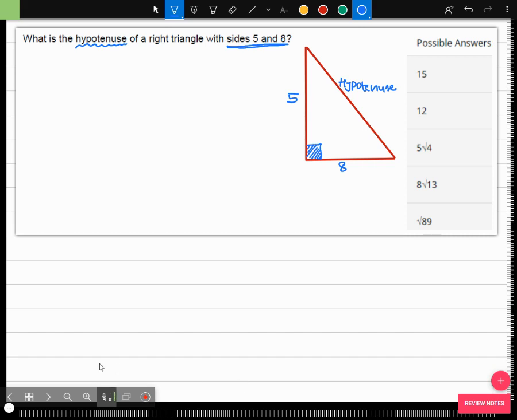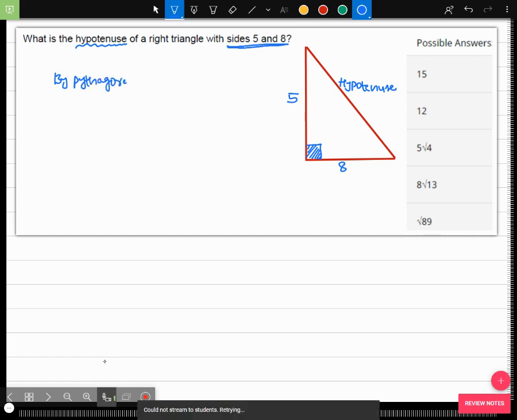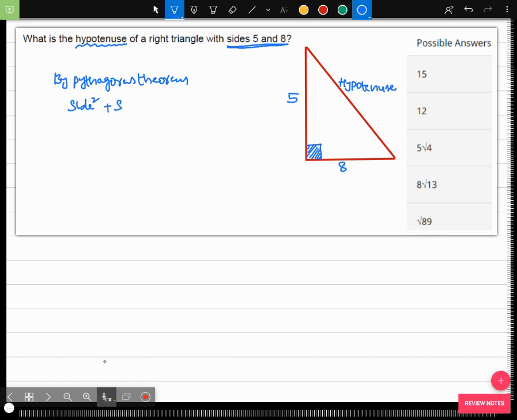As I mentioned in the beginning of the lesson, by Pythagoras theorem, it is side square plus side square equals hypotenuse square. One of the sides goes here, which is 5, and the other side, 8, goes here.